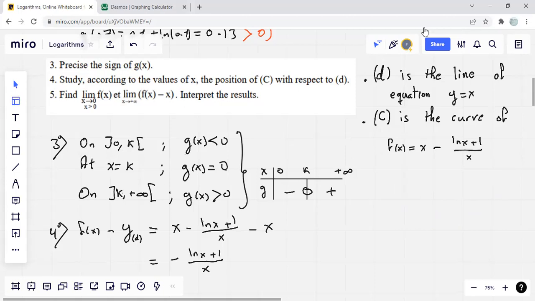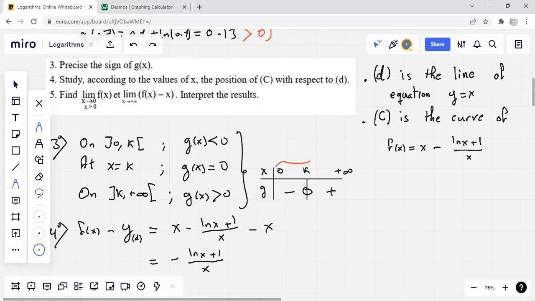Okay, great. So here we have to find the difference between f of x and y of d. The equation of the line d is simply y equal x. So we subtract f minus y. This is f over here minus the equation of the line d, which is only x. So we have this answer, this fraction. What do we know about this fraction? We know that x belongs to 0 plus infinity.